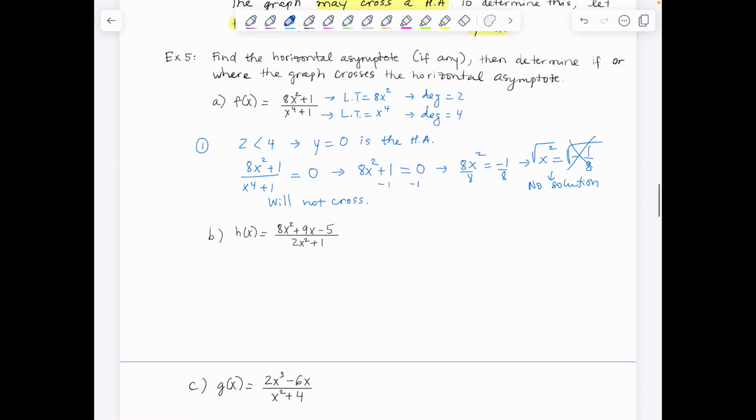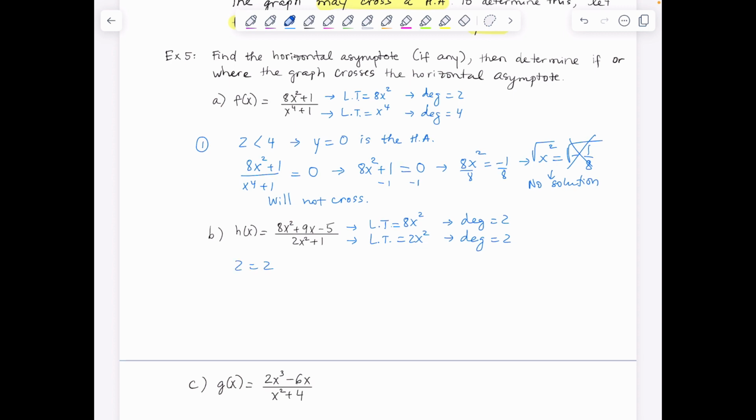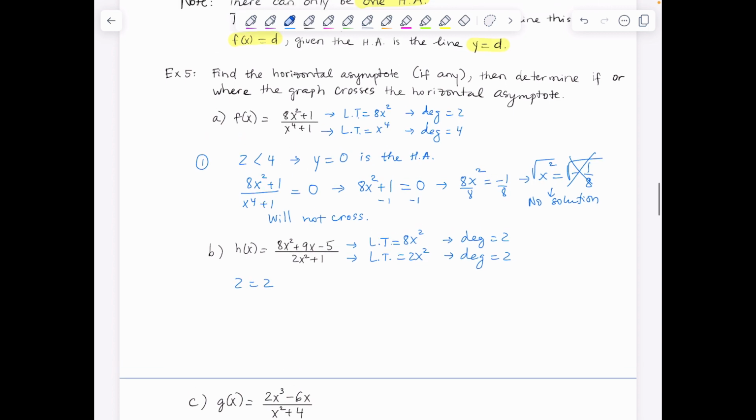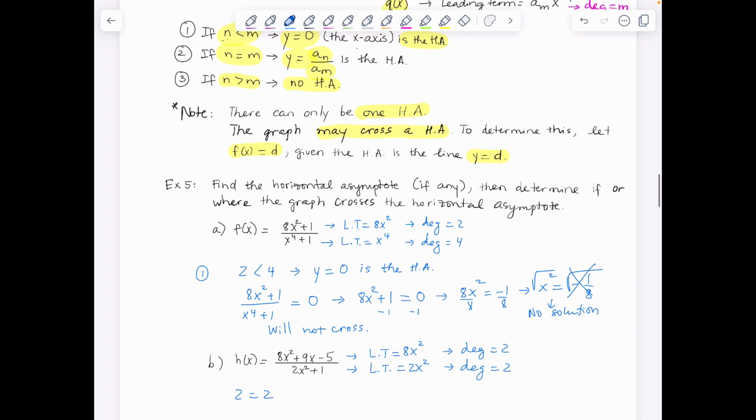Second example, the leading term for this one is 8x squared, that's the numerator, and the leading term for the denominator is 2x squared. The degree of the numerator is 2 and the degree of the denominator is also 2. This time, the degrees are equal to each other, so we are looking at scenario number 2.